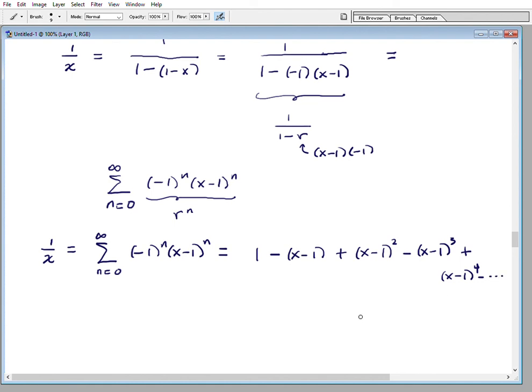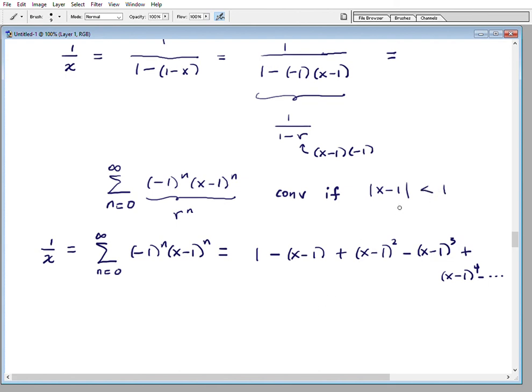So that's what we're showing. But this is not, we don't have an equality for all x. This is true only if this converges, if the absolute value, so I'll get rid of this minus 1 to the n because I'm talking about absolute value, only if this is less than 1.